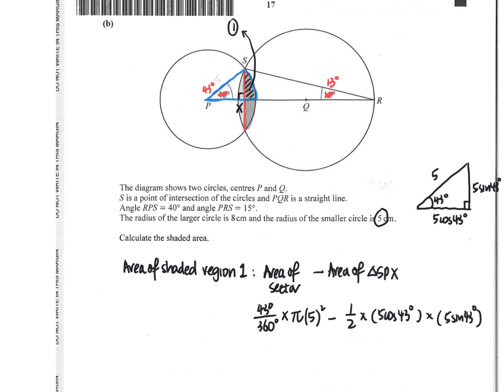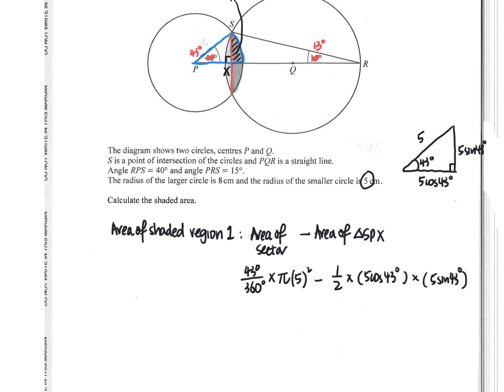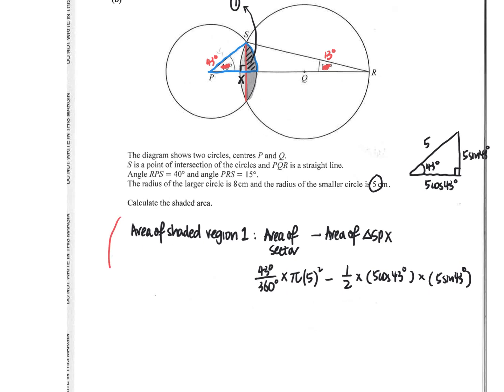So you get half of the whatever shape that you see over there. So this shaded region, you got to multiply by 2 to double it up. So you get this entire segment. Okay? So what we are finding is this slice.